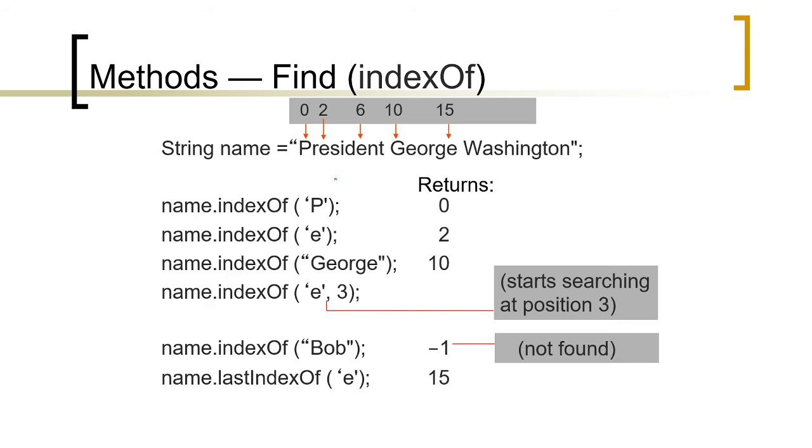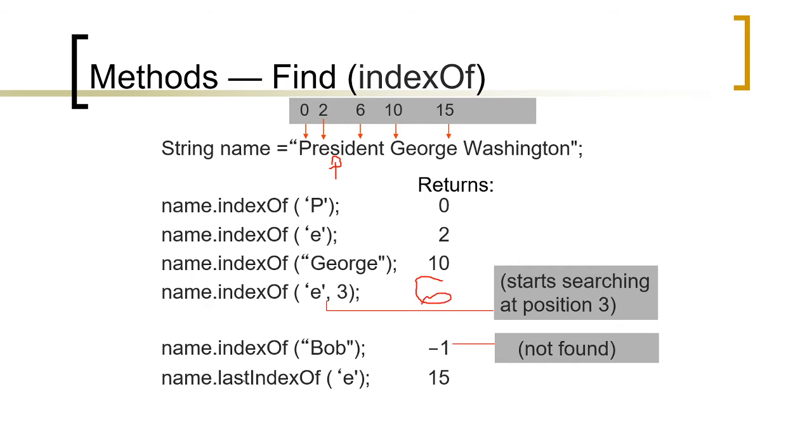So it will not return index 2, because we have defined in the second parameter that it will start searching at index 3. From there, it will return index 6.